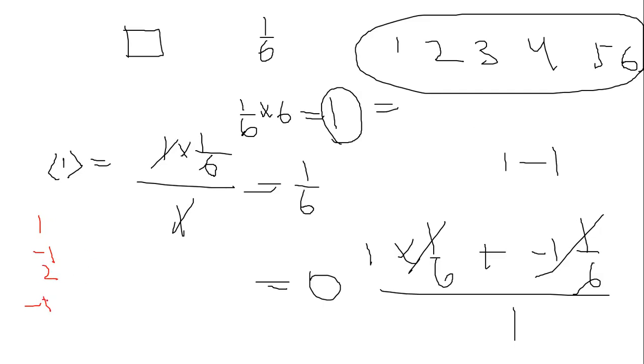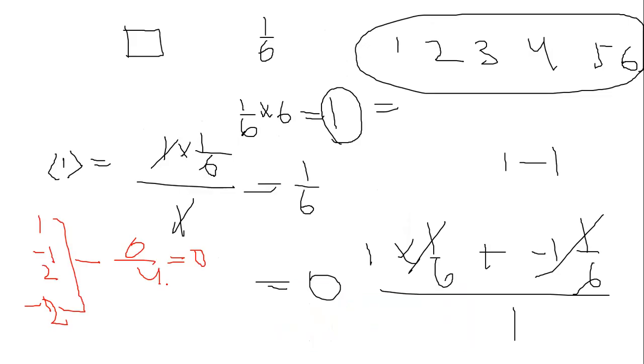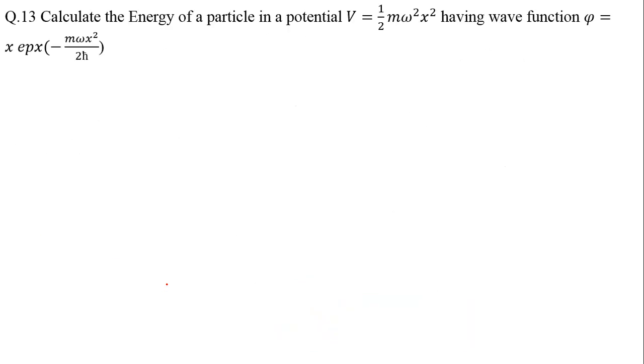When we calculate the average value, it becomes 0 definitely, because we add all these and it is 0 by 4, which is again 0. Since the momentum can attain all possible values, negative as well as positive, the average value of the momentum for a particle in a one dimensional potential box is 0. So I hope everyone understood this problem.